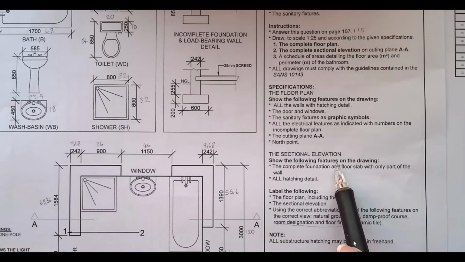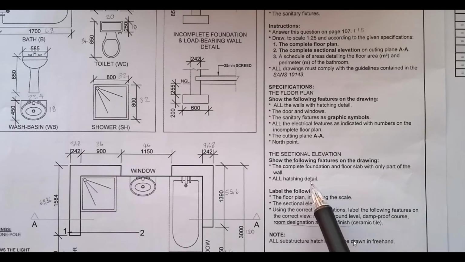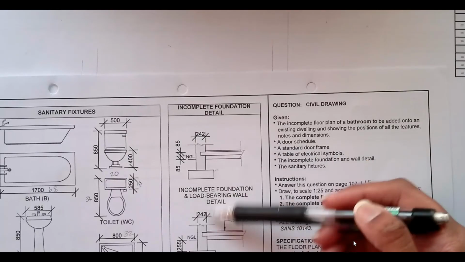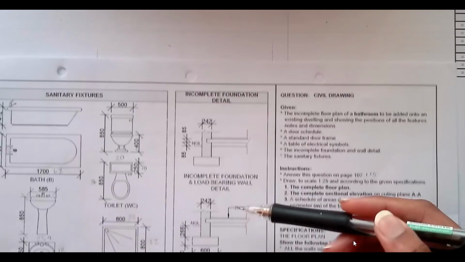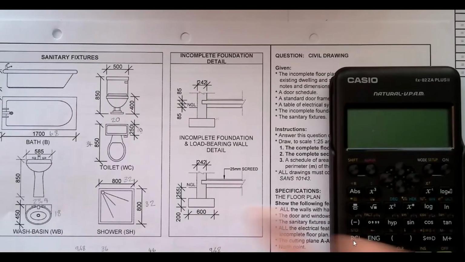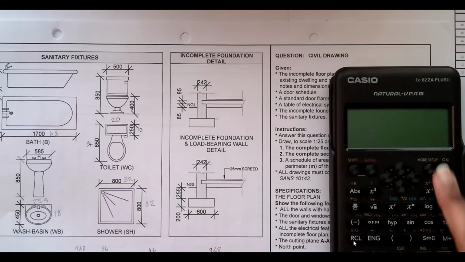Then from here, you are told that you must show the sectional features on the drawing. You must complete the foundation and floor slab with only part of the wall. You must add all of your edging details. So we can see that this is our incomplete wall detail. So you're going to be using it.